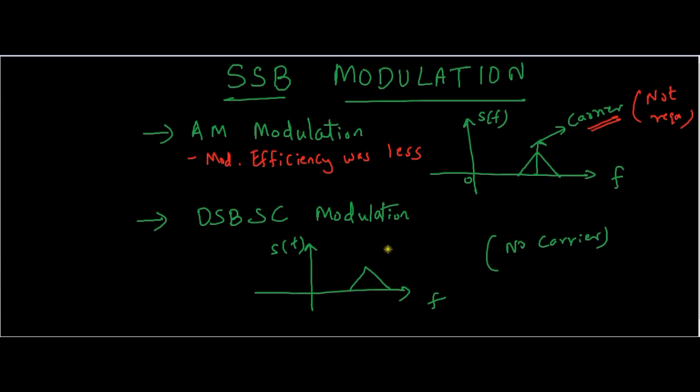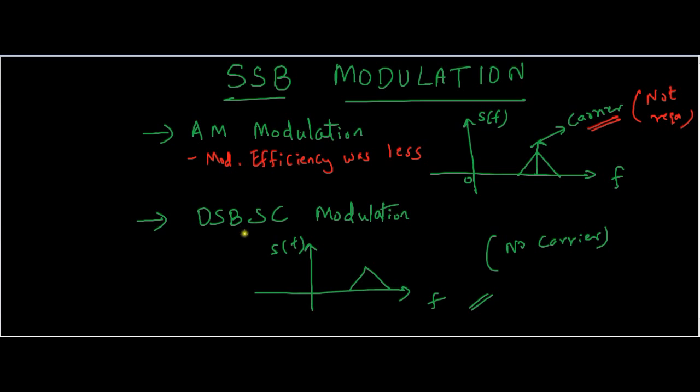As you can see, we have optimized till now. Can we optimize still more? That's what all the scientists in communication systems always look for. They strive for maximum efficiency. First there was AM modulation, then they thought modulation efficiency was less, so they thought of inventing another modulation which has more modulation efficiency.